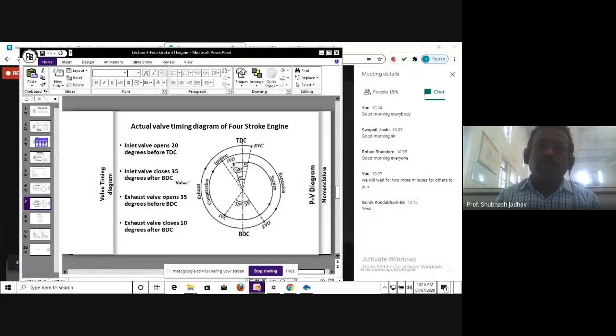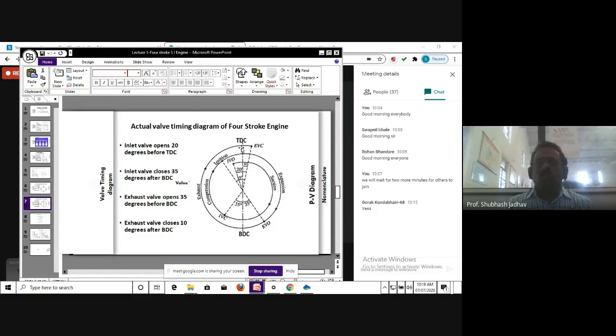That means from this 20 degrees, and if we consider this as 10 degrees, around these 30 degrees the inlet valve is open and the exhaust valve is also open, because the exhaust valve is going to close here and the inlet valve has already opened here. So both the valves remain open over this particular 30 degrees of crank rotation, and this is called the valve overlap period.